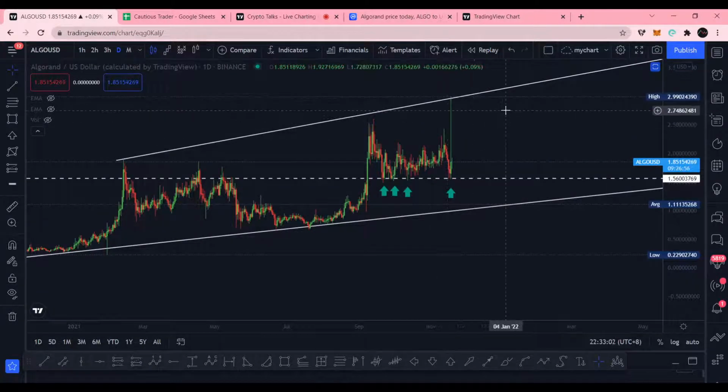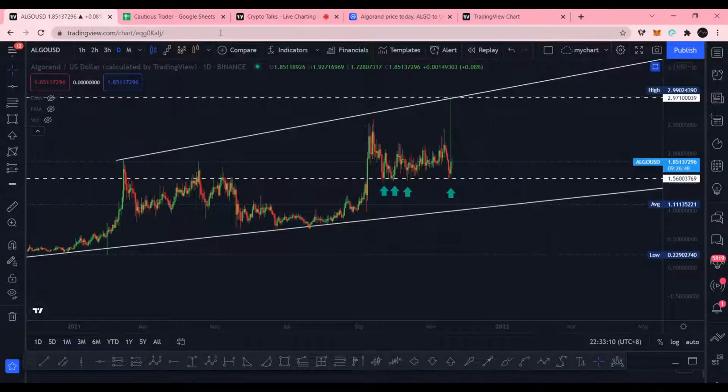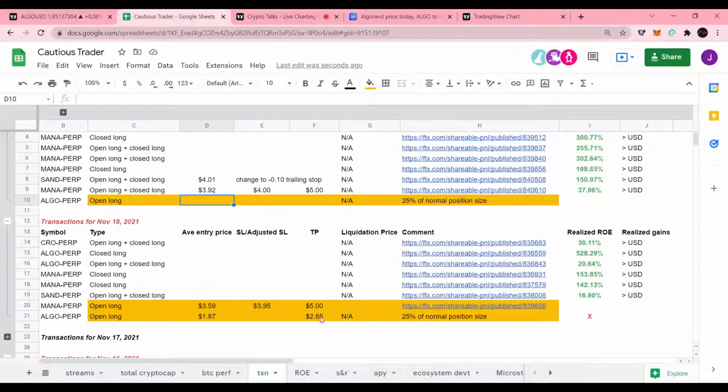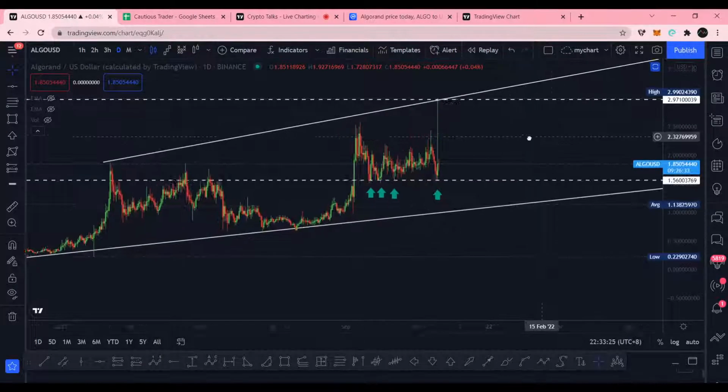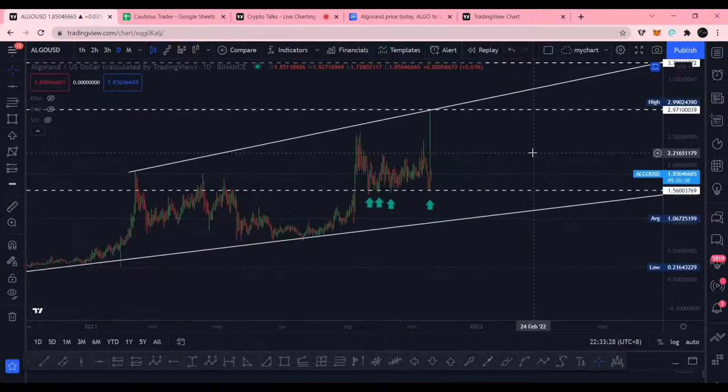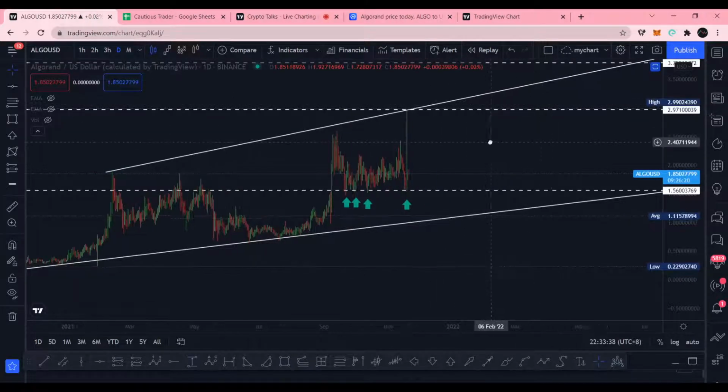But for this one, it's 2.99. We can actually use this one, but for me, I'm gonna use 2.85, which is the one that I use in my perpetual contracts. So 2.85 might possibly be my target. But for this chart, this is 2.99. Though we can use 2.85 to 2.99 or this trend line resistance here.